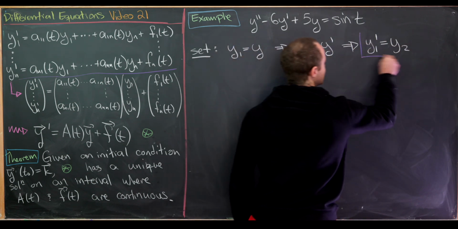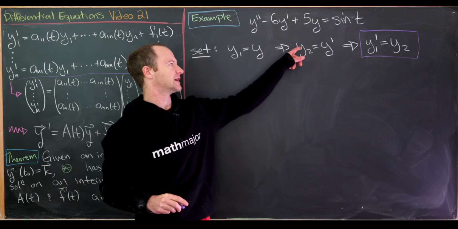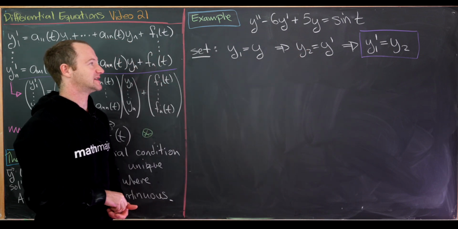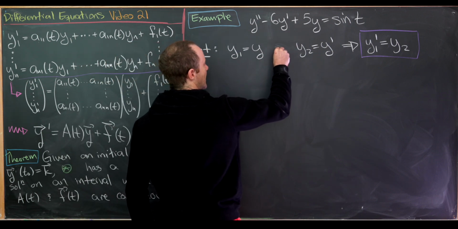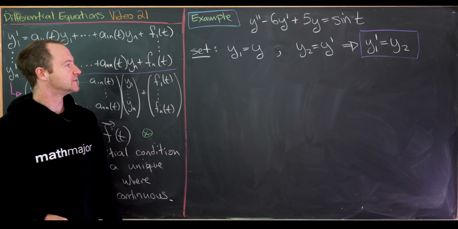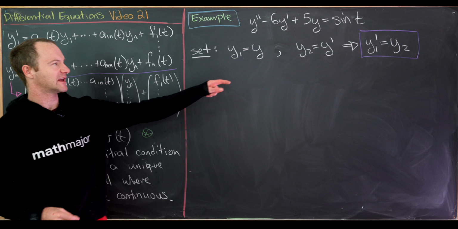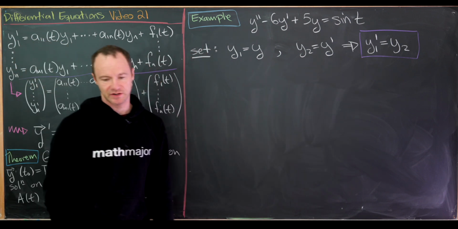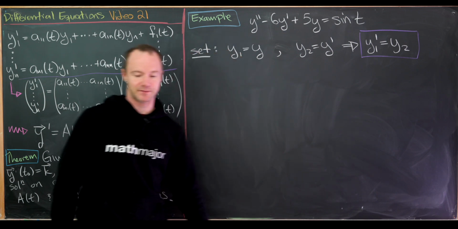That's based off of the first assignment, plugged into the second assignment. I should not have an implication arrow here, I just should have a comma. So we're setting y1 equal to y and y2 equal to y prime, and that gives us this first equation, which is a very simple version of the first equation up here.